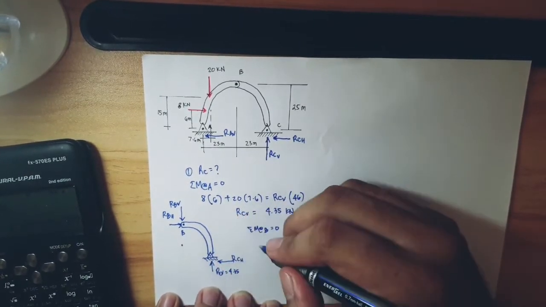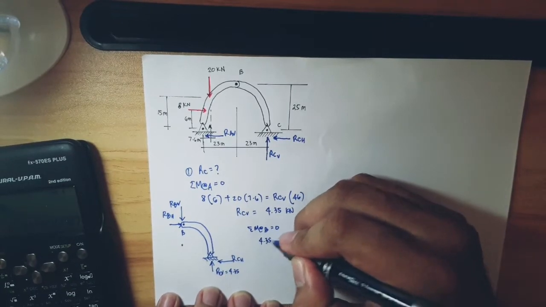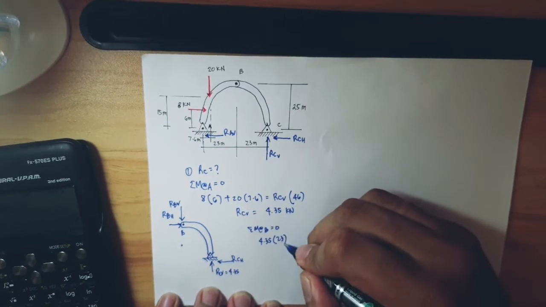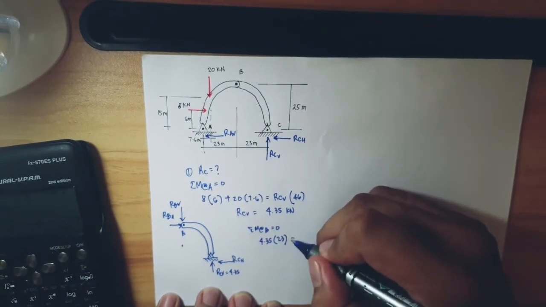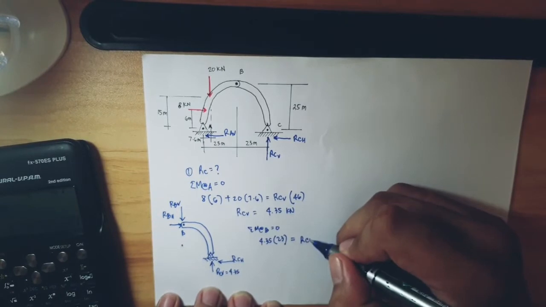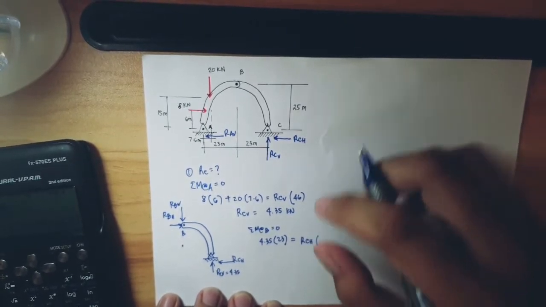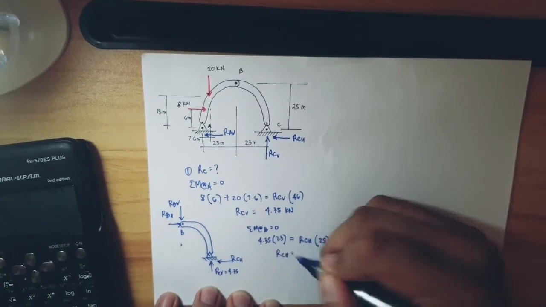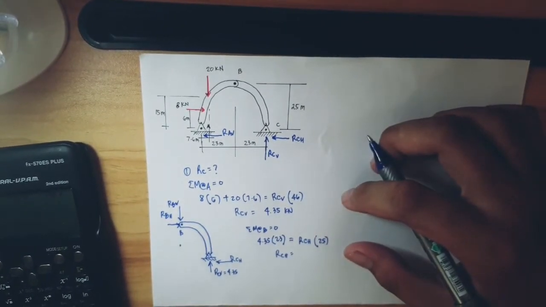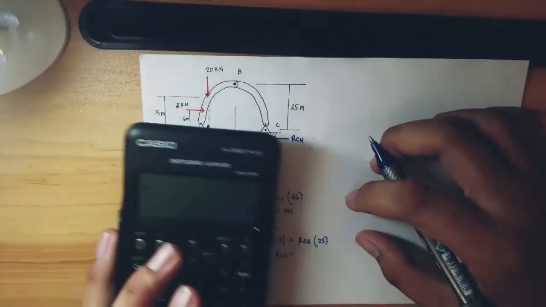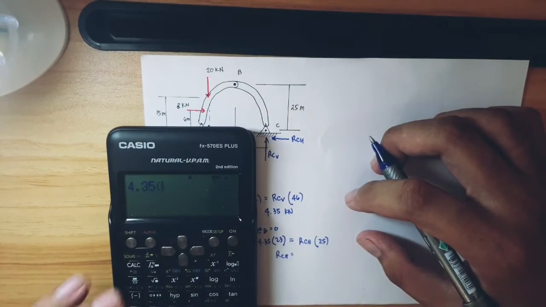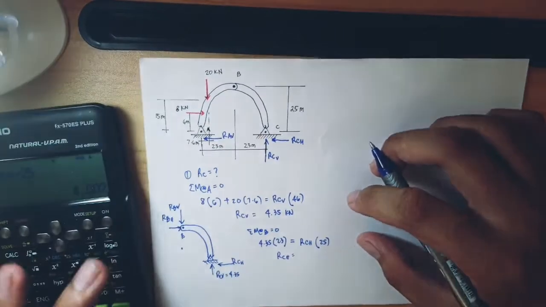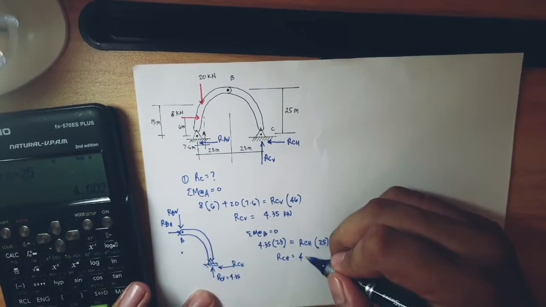RC vertical, which is 4.35 times distance na 23 meters, is equal to RC horizontal times 25 meters. So we have the value of horizontal component of RC: 4.35 times 23 divided by 25, we have 4 kilonewton.